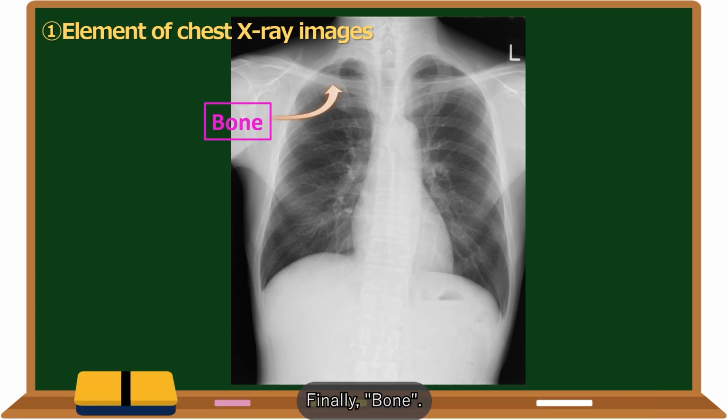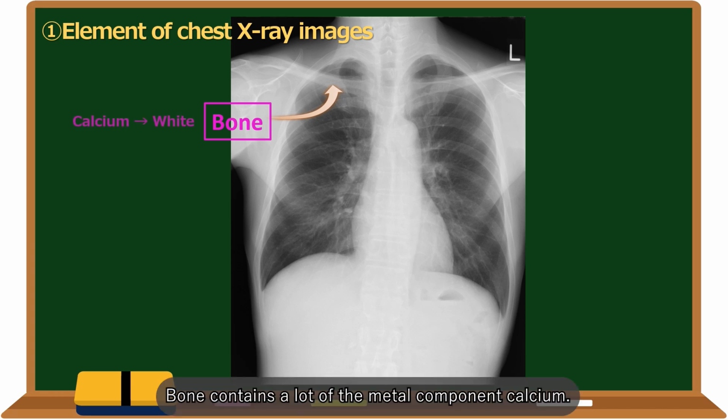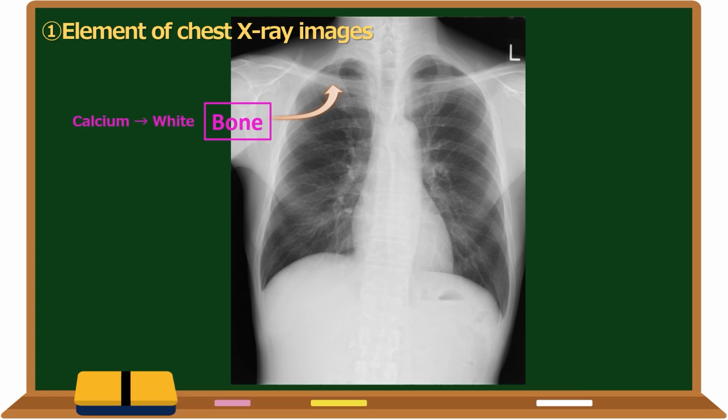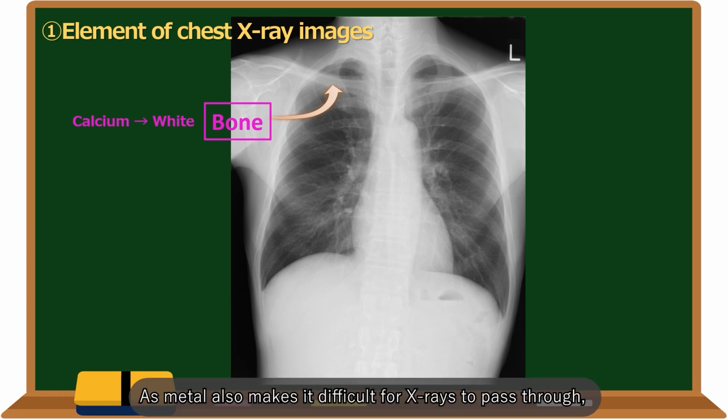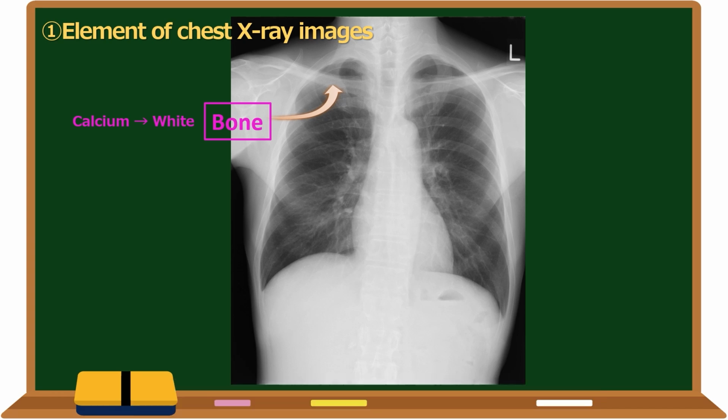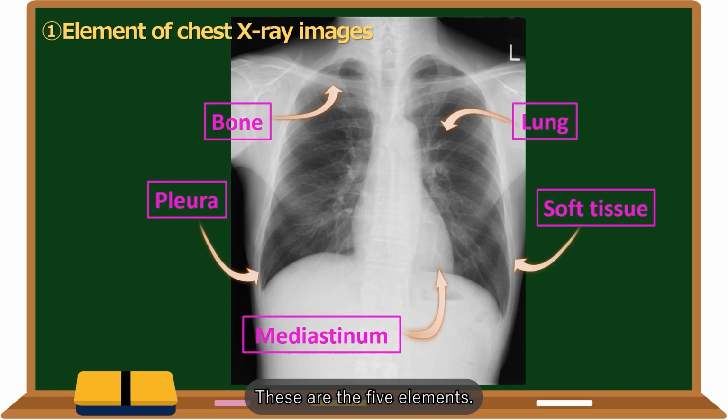Finally, bone. Bone contains a lot of the metal component calcium. As metal also makes it difficult for X-rays to pass through, it appears white on the film. These are the 5 elements.